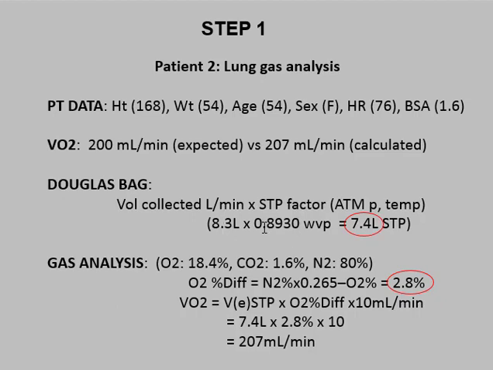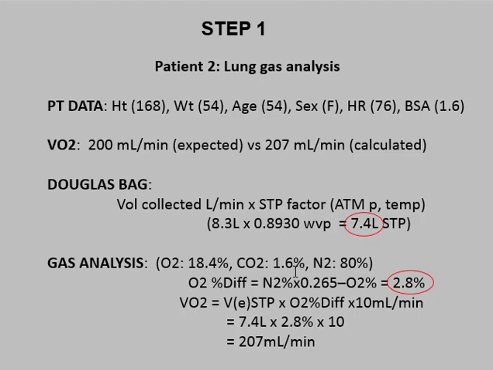We simply multiply that by this factor to get that value, 7.4. We can actually measure a percentage of oxygen and carbon dioxide in that gas bag and obtain the residual value to give us a realistic equivalent of what we know nitrogen should be.